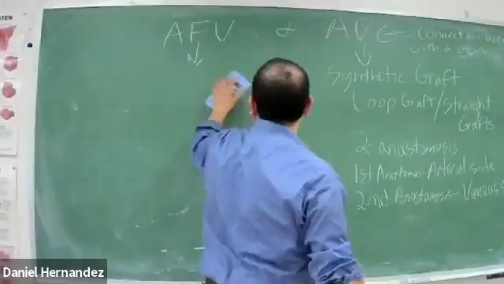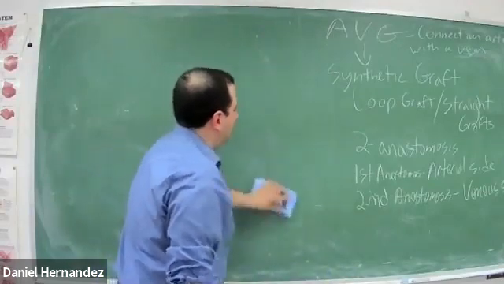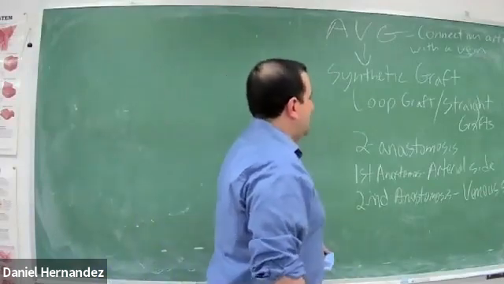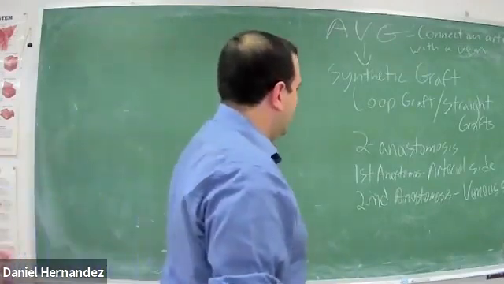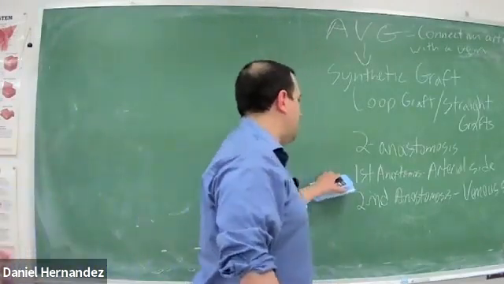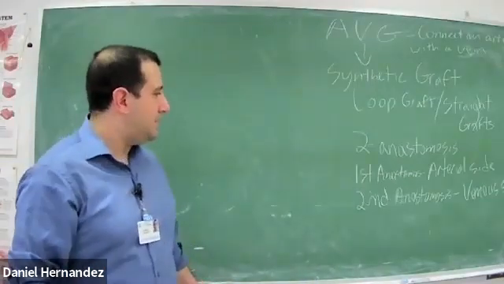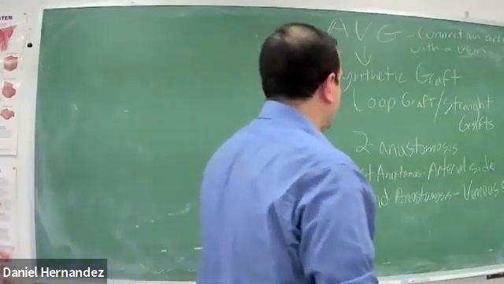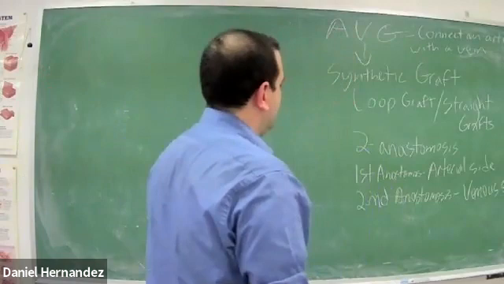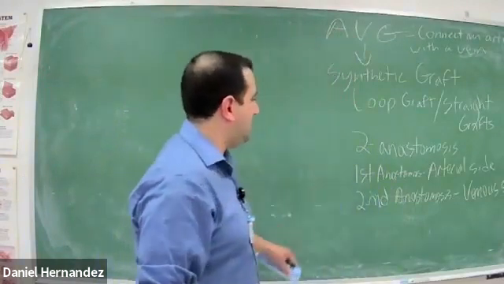So with AVGs, it's pretty similar with the arterial connection. The first anastomosis, where that graft connects with the artery, you'll have your highest velocities. You try and look for both anastomoses with the graft.